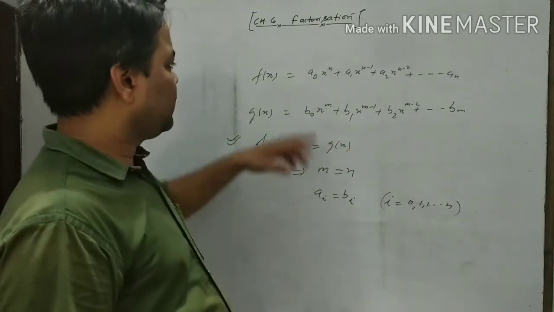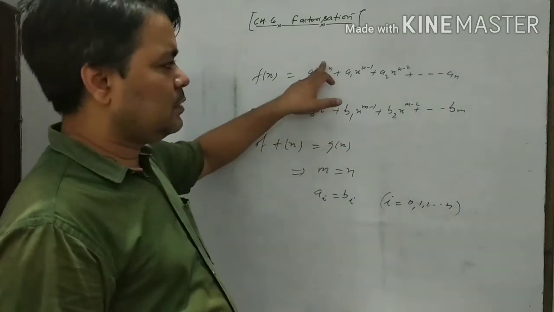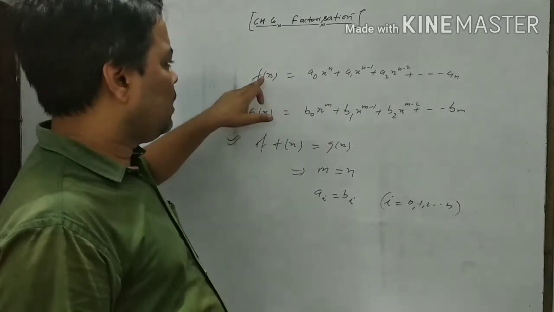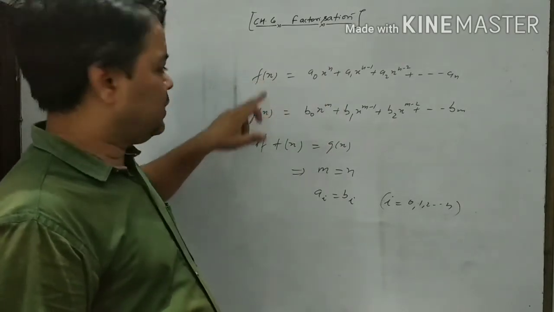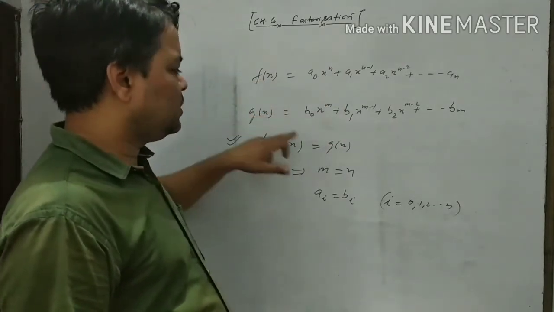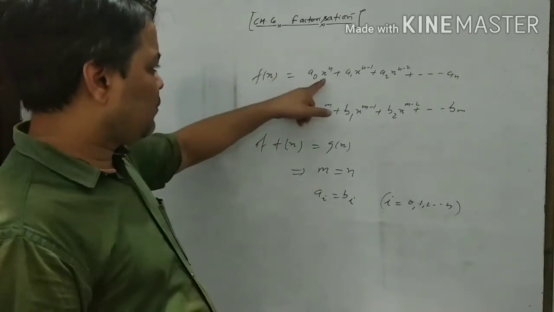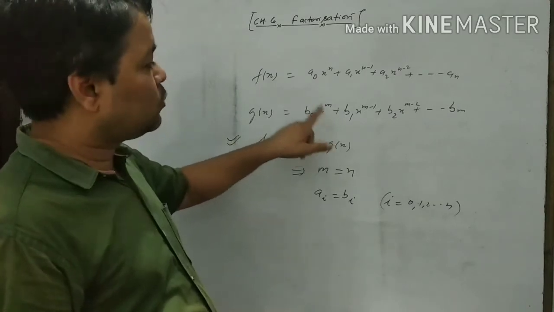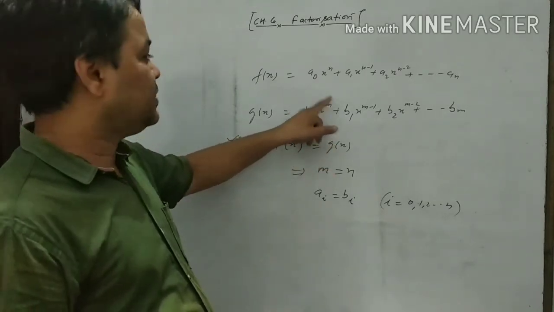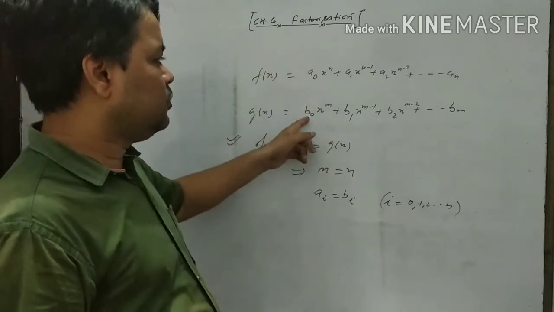or we can say that the given two polynomials are equal if the value of m is equal to n, means the degree of the polynomial f(x) is equal to the degree of the polynomial g(x), first case, and the coefficient of x to the power n should be equal to the coefficient of x to the power m, that is a0 should be equal to b0.